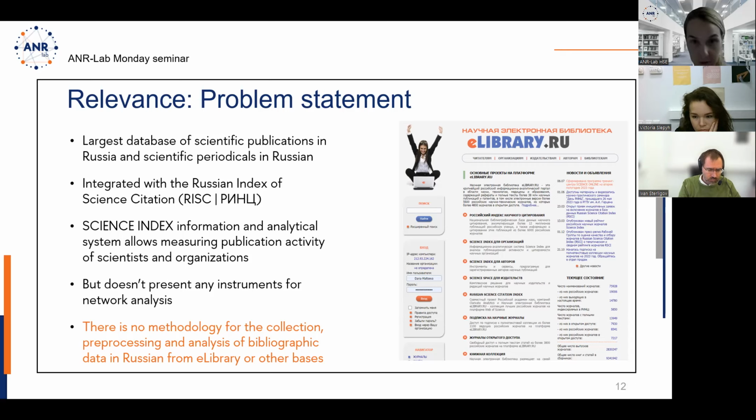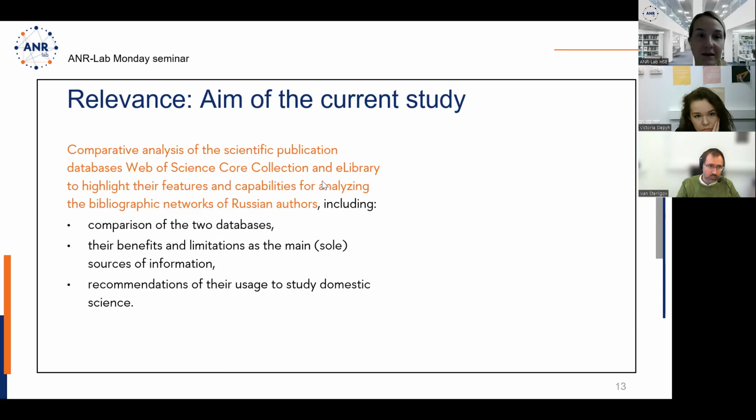So that's why we thought that it could be a kind of side effect of our project implementation. The project developed the collaboration practices of Russian sociologists. And that's why we are very much interested in these methodological questions.